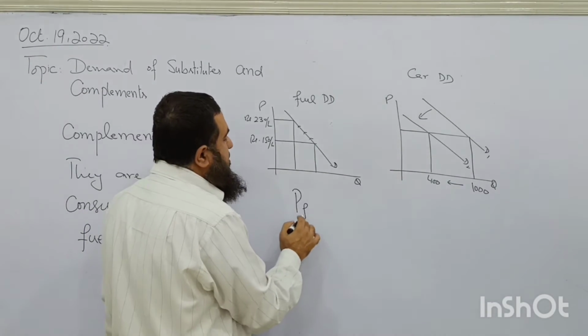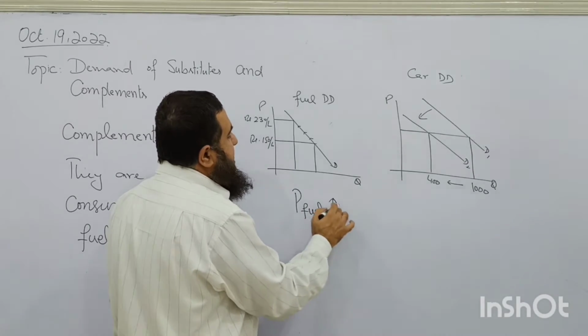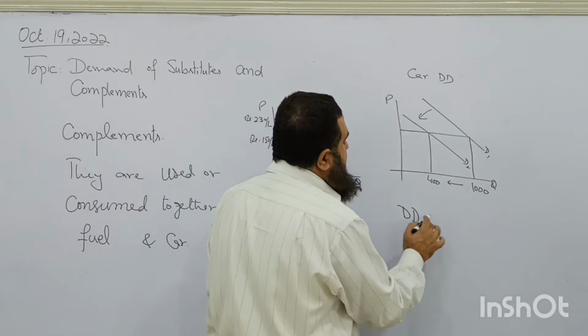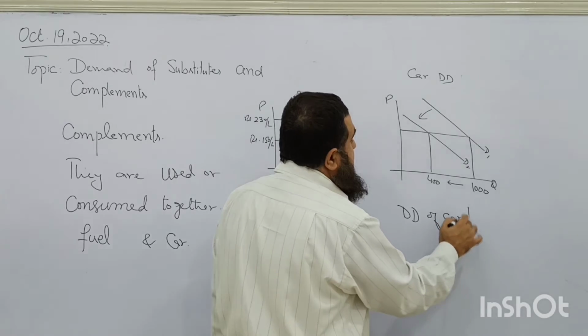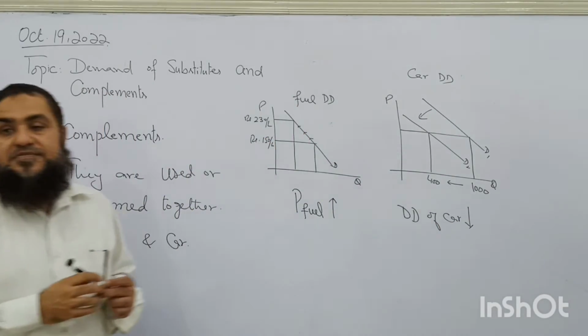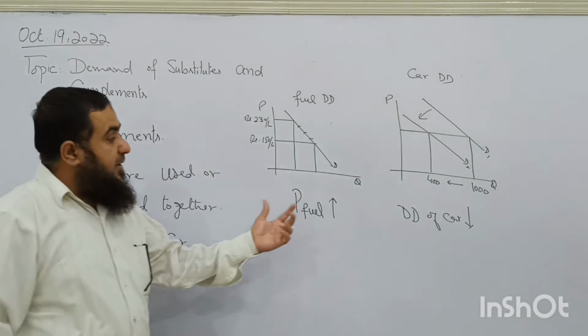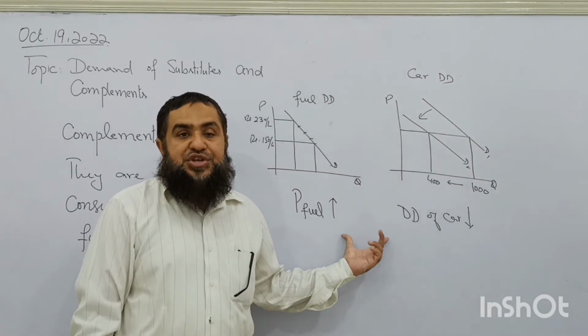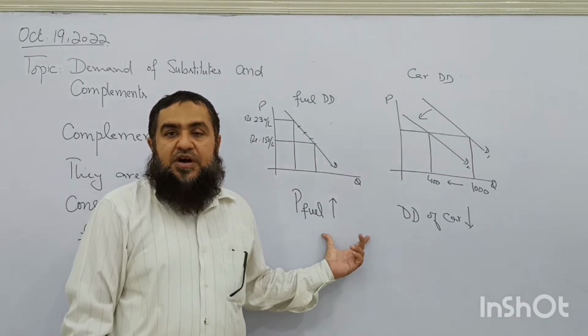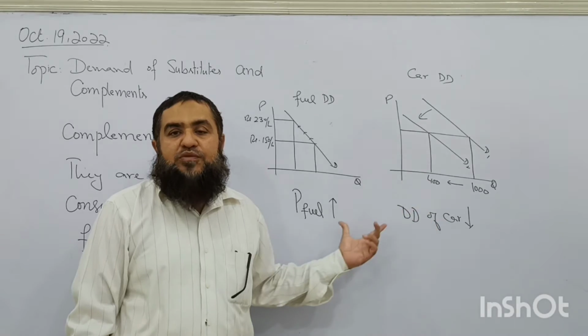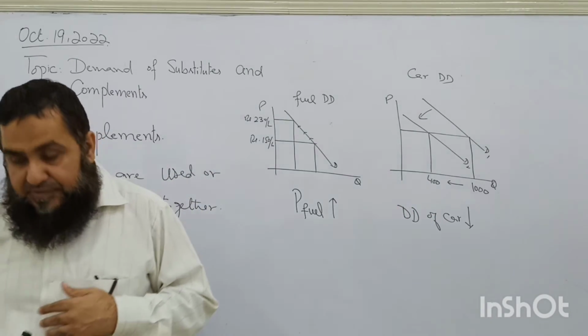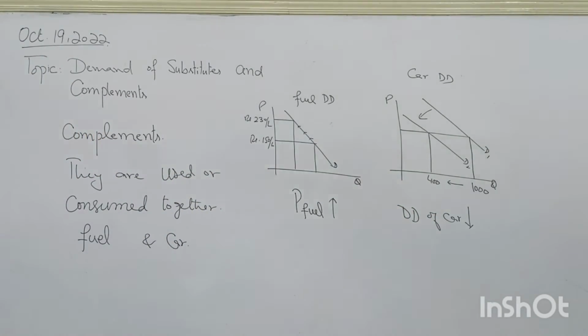Price of fuel increases and demand of cars decreases. Clear? So here, in case of complementary goods, the price of one good and demand of other are moving in opposite direction.